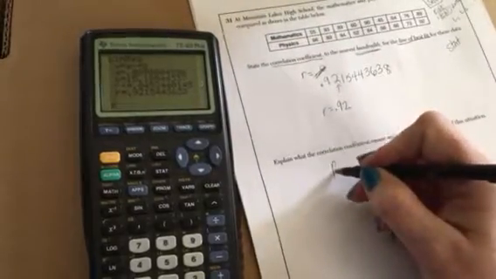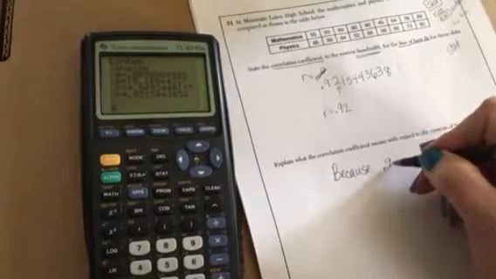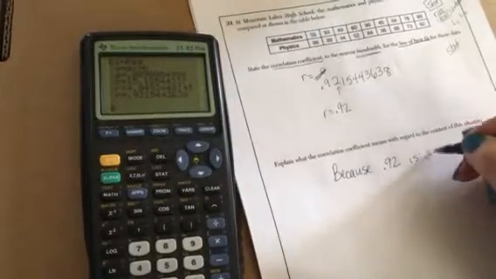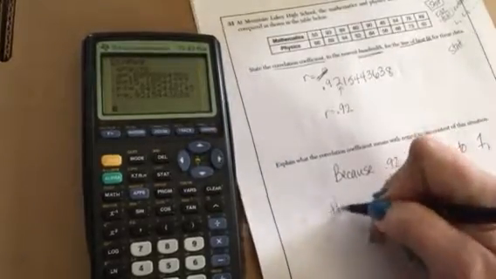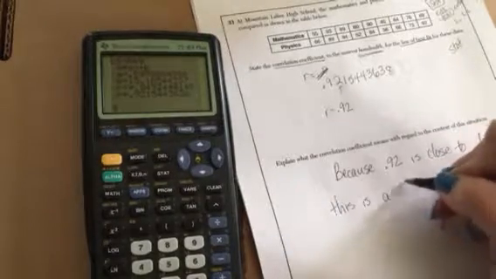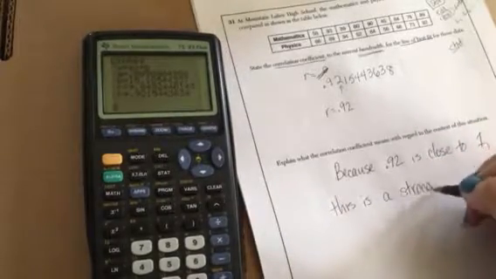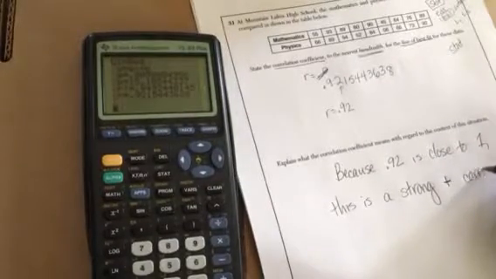So because 0.92 is close to 1, this is a strong positive correlation.